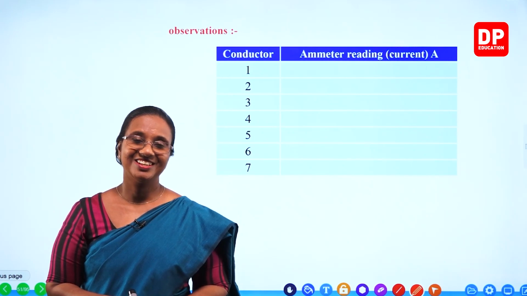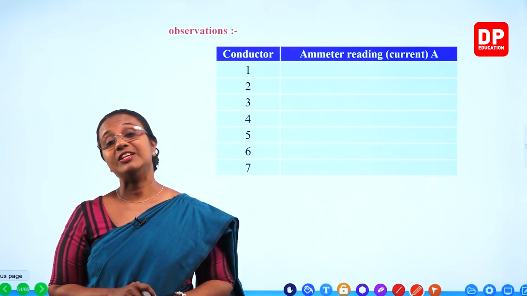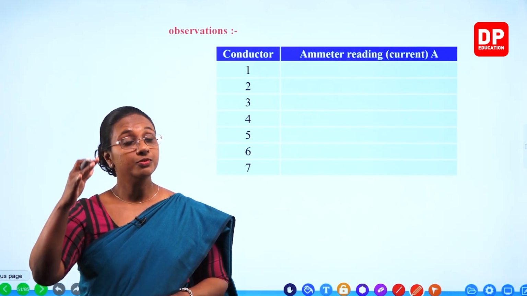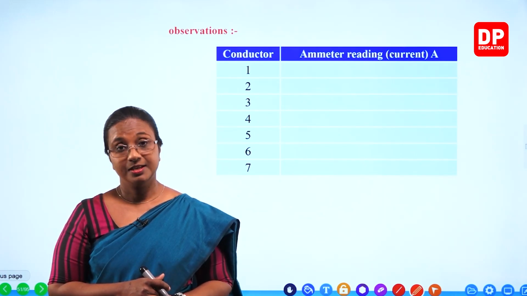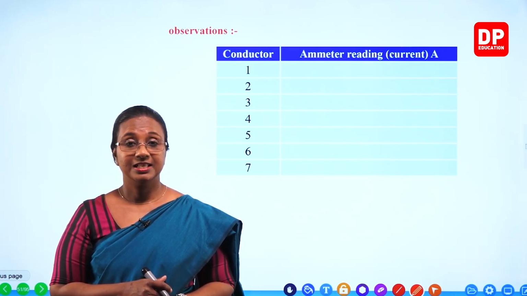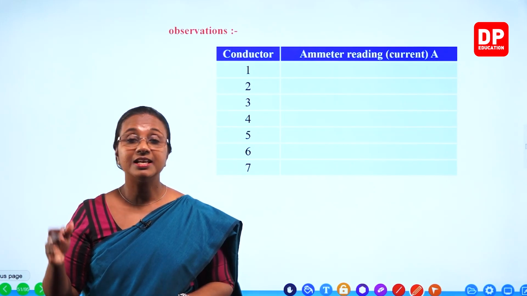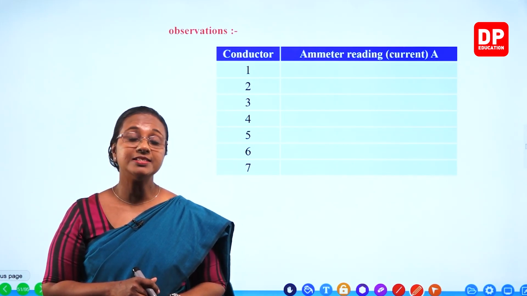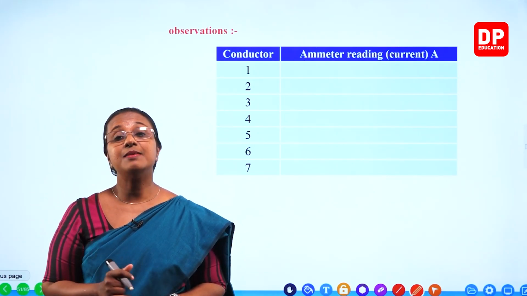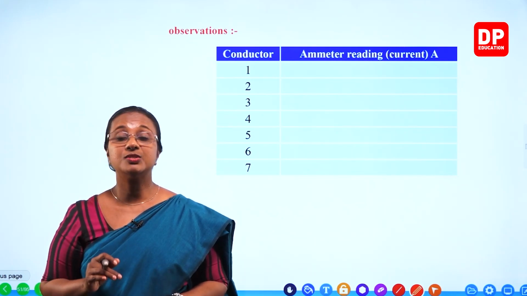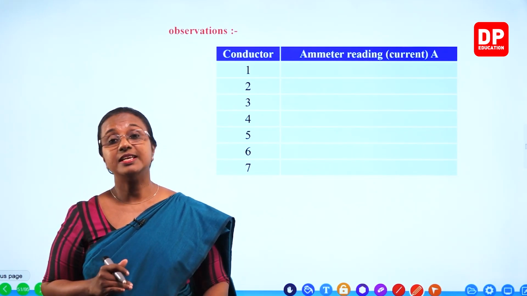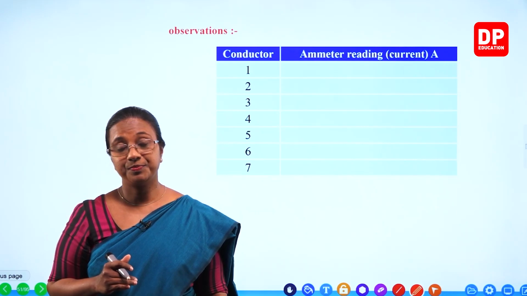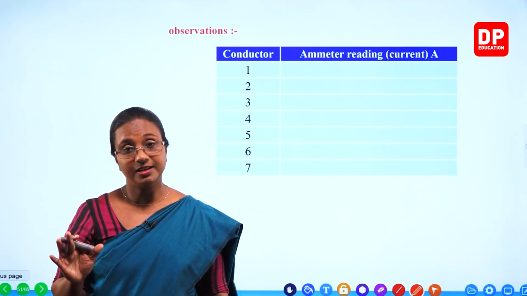Okay, students. So you observe the activity clearly. We used different wires. The first three wires were all nichrome wires and they had the same length. Only difference was in cross-sectional area. There you got the readings.